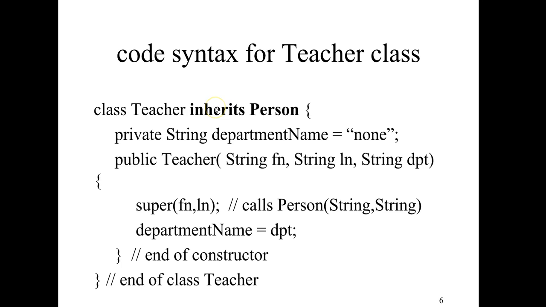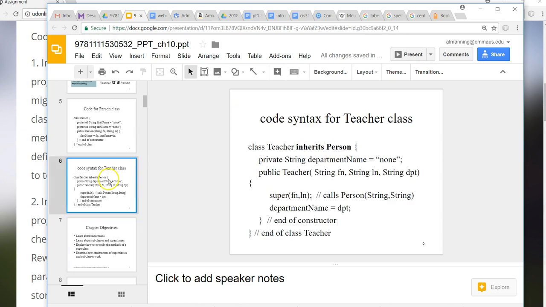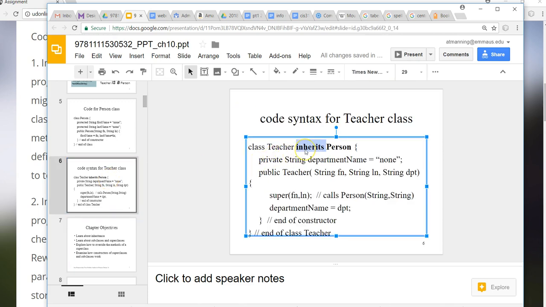This is extends, not inherits. Let me fix that. The teacher class, in the terms of describing the class, we call it inheriting, but the actual code says extends. So we use the term inherits in our code. That's the same as using extends.